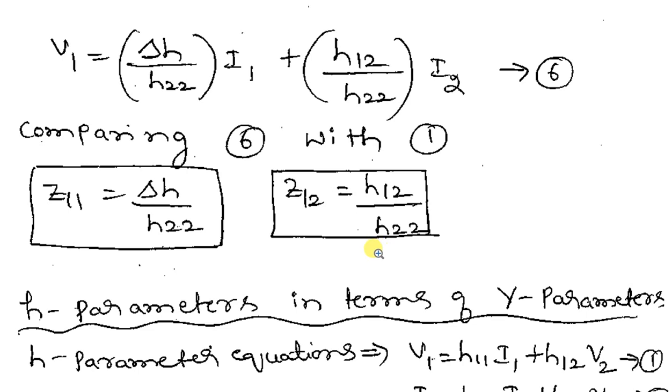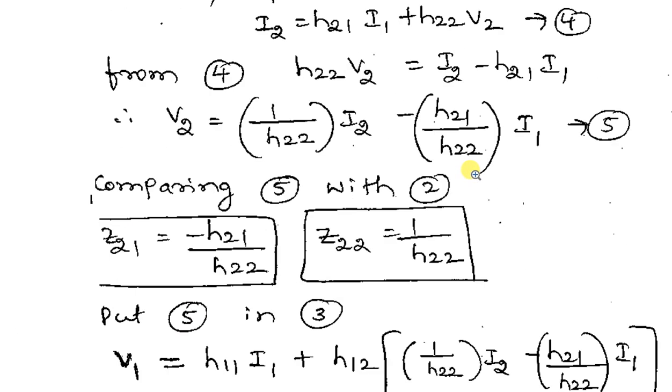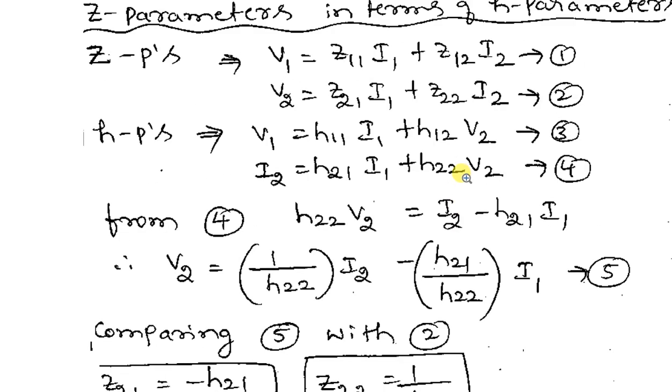So it is very easy. We expressed Z parameters in terms of H parameters. Only for Z to Y and Y to Z do we have to apply Cramer's rule. For all other conversions, write the four equations, then out of them compare 1 with 3 and 2 with 4.